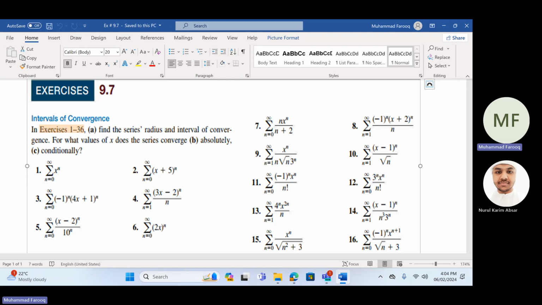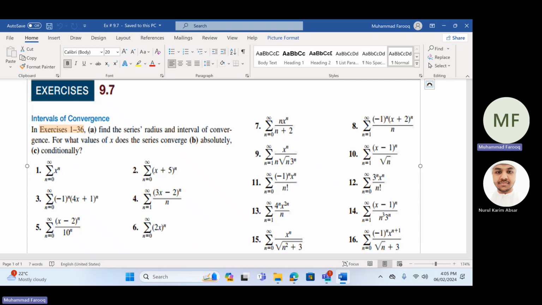Please, these two things are required only for the convergence part. We are not interested in the divergence part, or in which part is divergent. We only have to check from which x value to which x value the series converges.